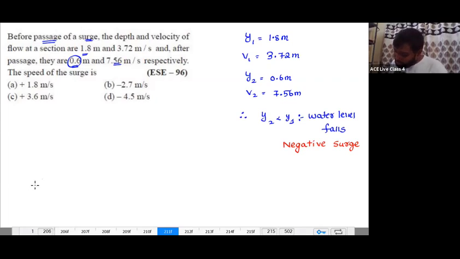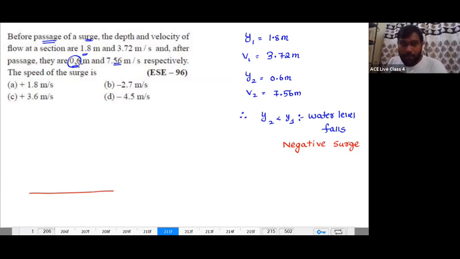Okay. So now let's see. Before passage of the surge, the depth and velocity of the flow section are 1.8 meters and 3.72 meters per second.